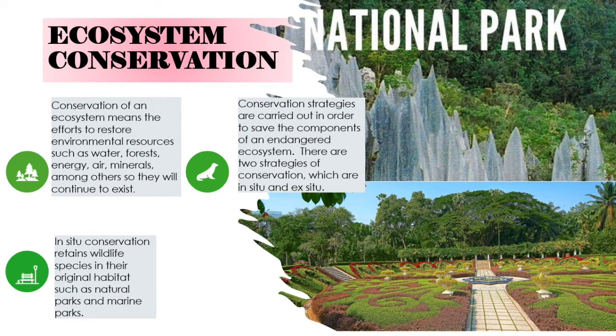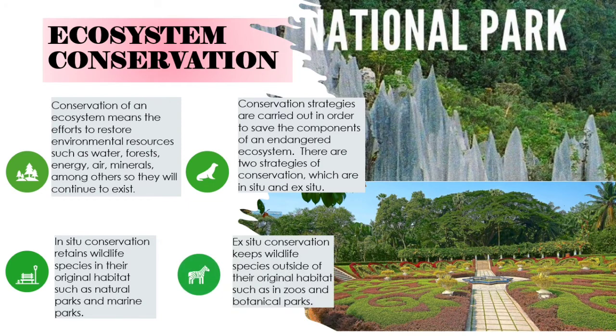Look at the picture. So national park is a type of in situ conservation. Okay, mengekalkan haiwan liar ataupun tumbuhan liar tu di dalam habitat semula jadi dia. And the second one is ex situ conservation, keeps wildlife species outside of their original habitat such as in zoo or botanical park.